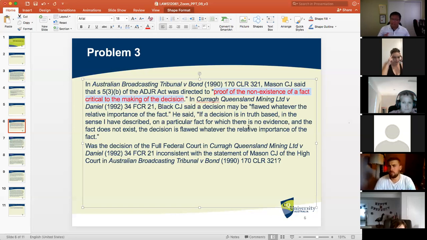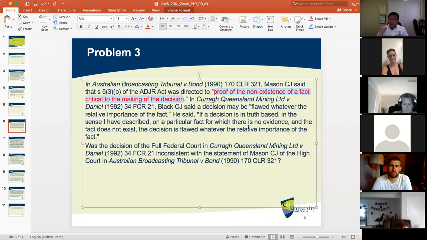It is said that the ADJR Act is a major innovation in administrative law, mainly because by codifying the common law, the decisions made by the courts, it enabled a handy way of finding out: is there a ground for judicial review? And more importantly, as we see in week 10, there are broader powers available to the courts if it is based on the ADJR Act.